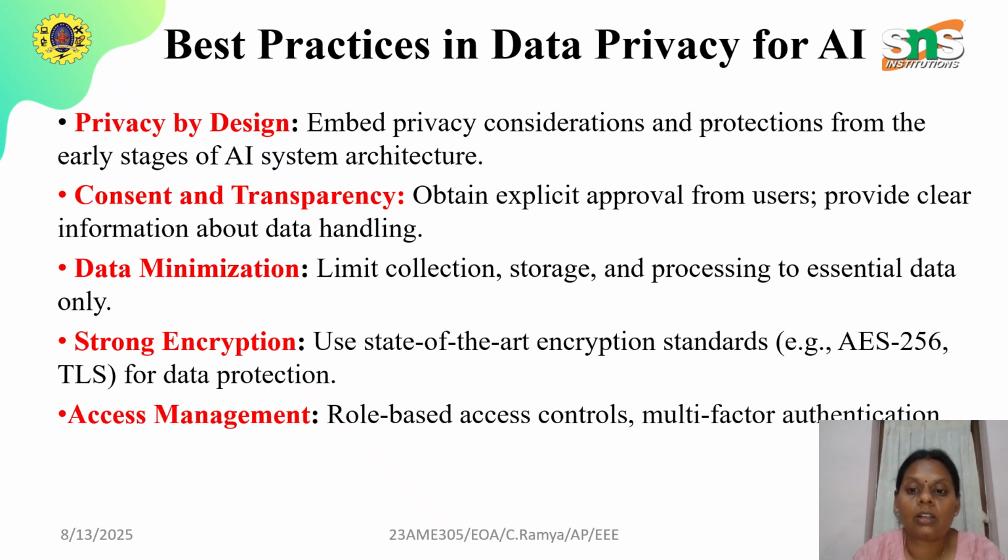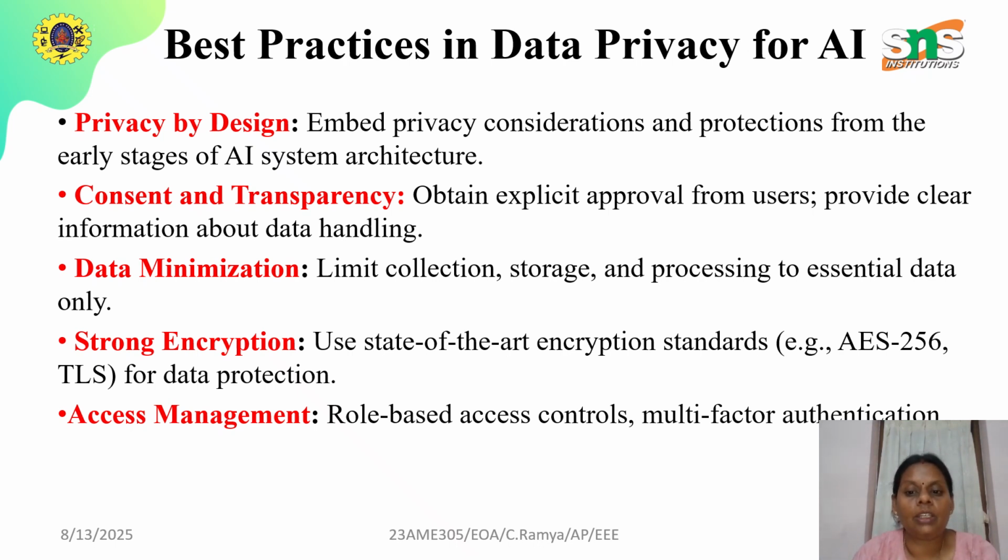And the next thing is best practices in data privacy for AI. The key practices include privacy by design, which embeds privacy from the outset, obtaining explicit user consent and maintaining transparency. Next is minimizing data collection and usage to only when it is required. Role-based access control and multi-factor authentication are also required.